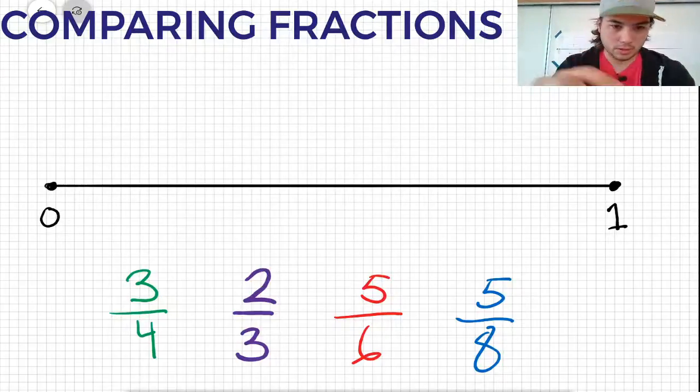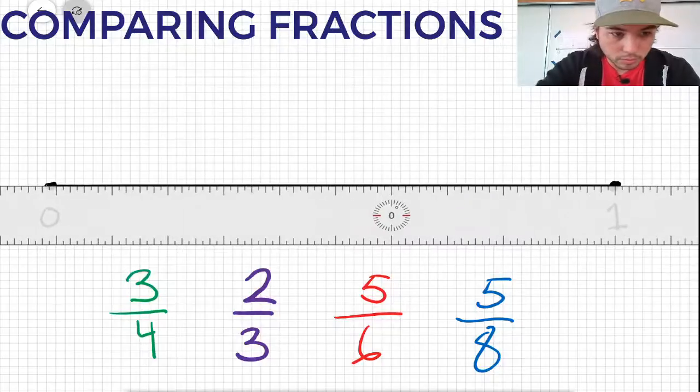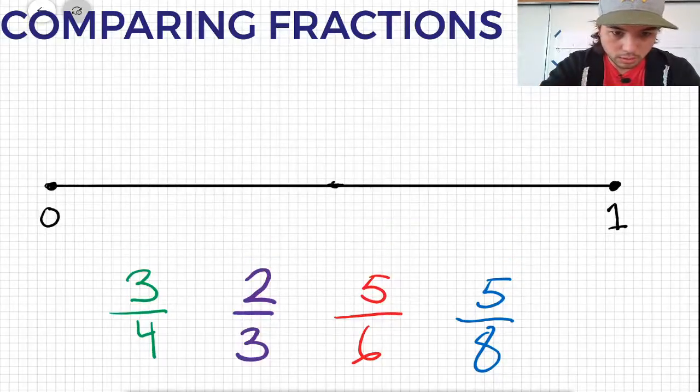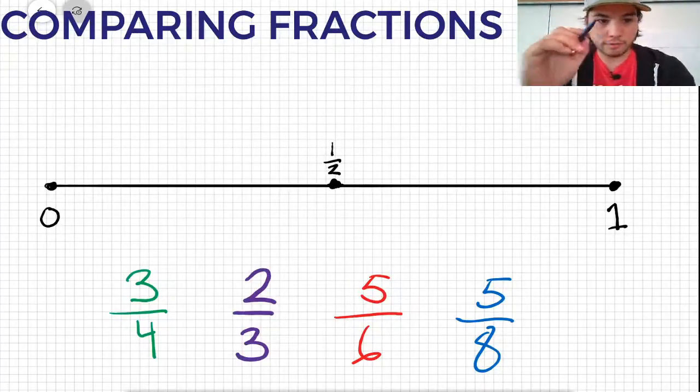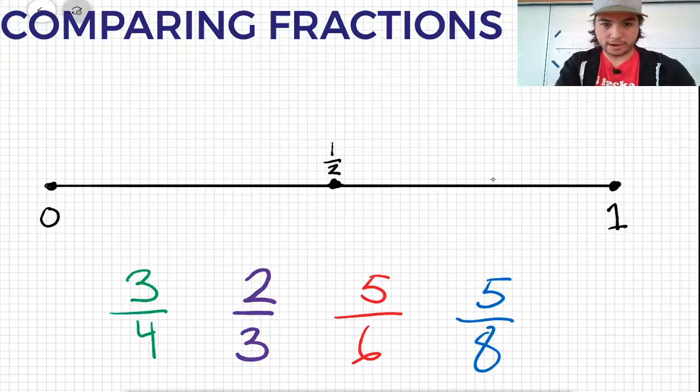First we want to find our halfway point. Put my ruler up here. Our halfway point is going to be about right here. Here's 1/2. And now for fourths, remember we split our halves into halves.